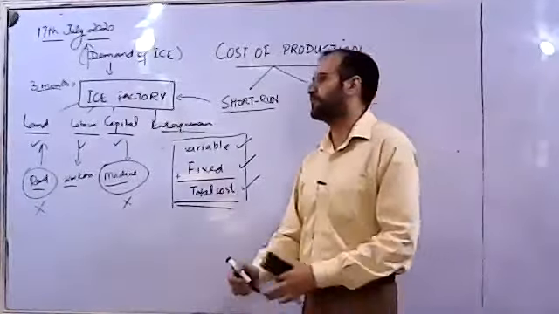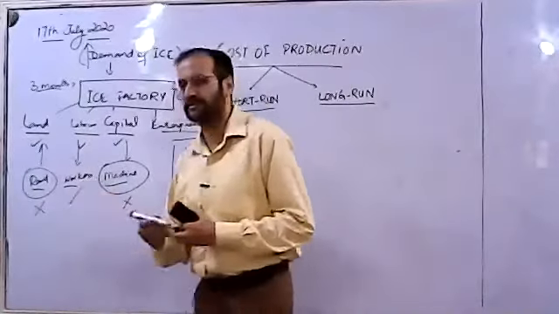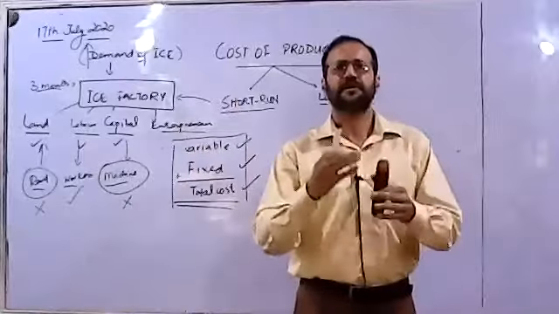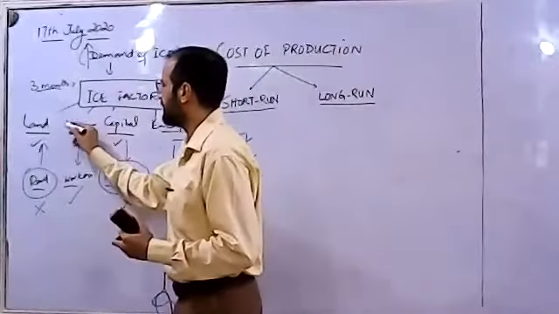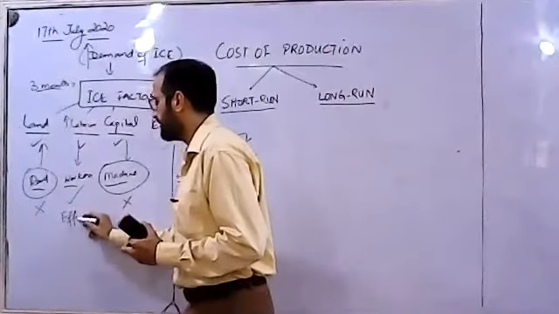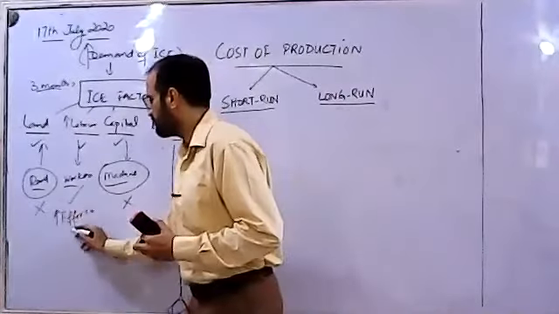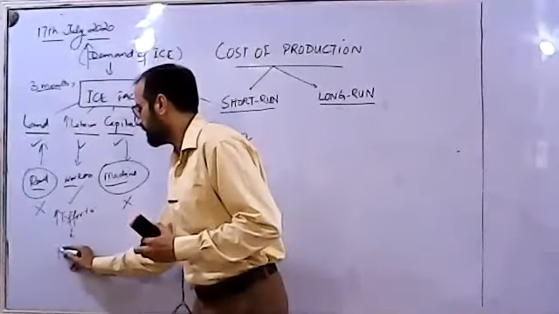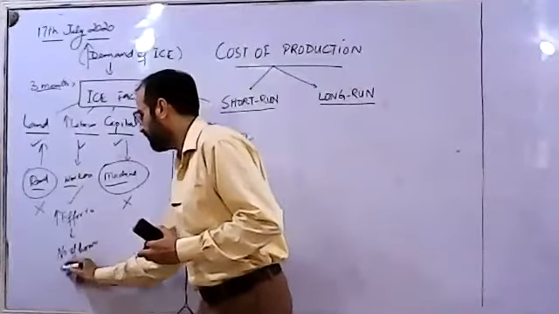What can you do? You can simply increase the number of workers. Just keep on increasing the workers, or maybe you can increase the labor. And we all know what labor is? It's actually the efforts. To increase the efforts, you can increase the number of hours of work.